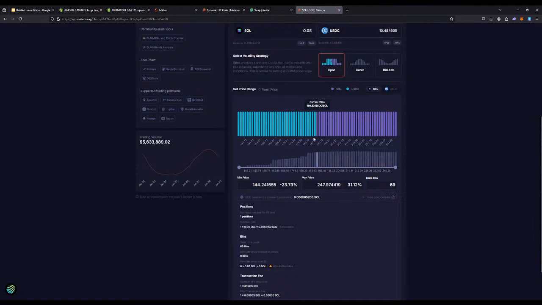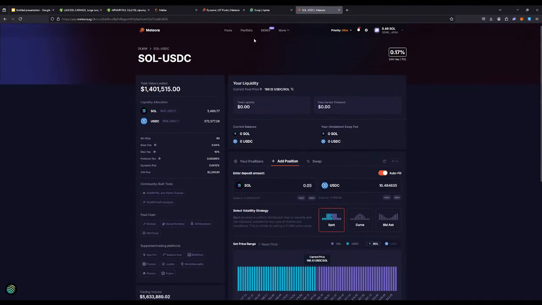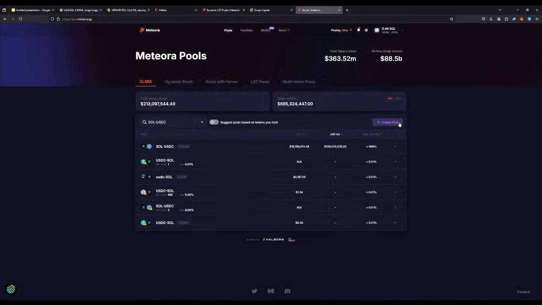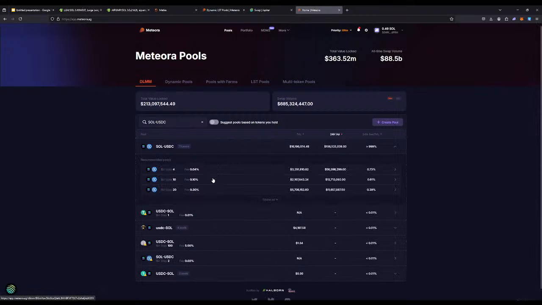So in this particular case, since all of these bins are already created, we do not have to pay any array fees. But if you go and start creating your own pool, then you will be adding those bins for the first time, because those bins do not exist, as that pool does not exist. In that case there's an additional fee.